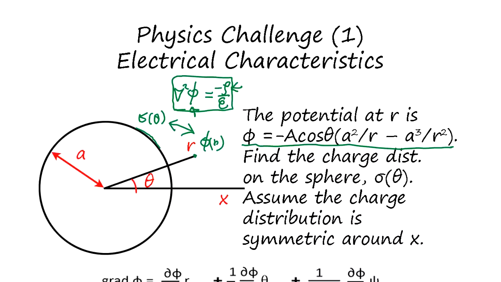Okay, that means if charge distribution is given, then you can find out what the potential is at any point in the space. The reverse is when potential is given, then you should be able to determine the charge distribution.